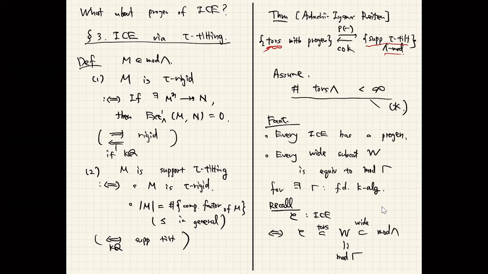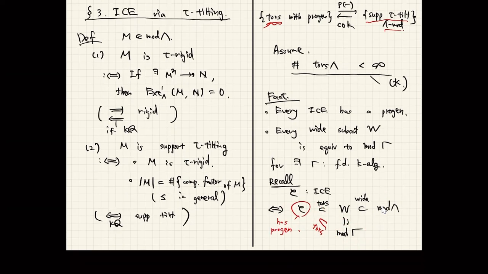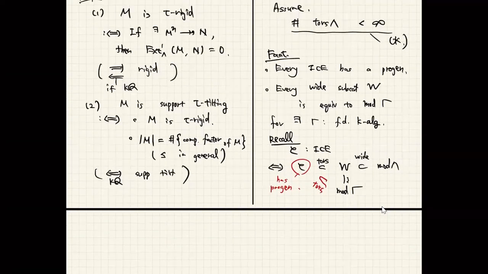And since this is a torsion class of the module category mod gamma, this C has a progenerator, and so we can use the tau tilting theory for this category. So this is what we call wide tau tilting modules.